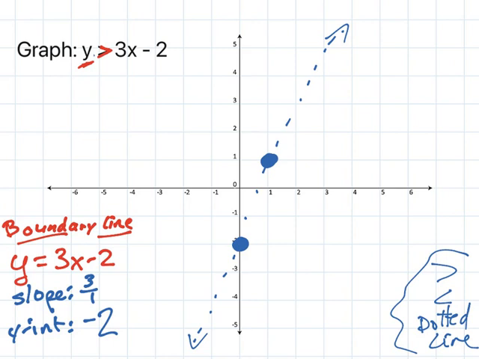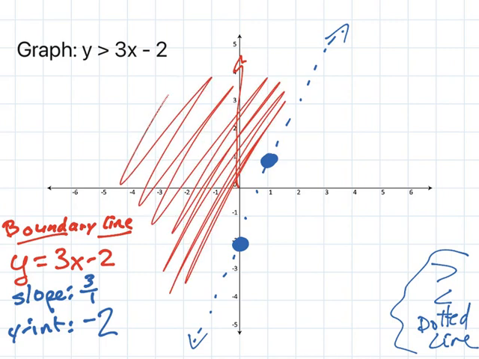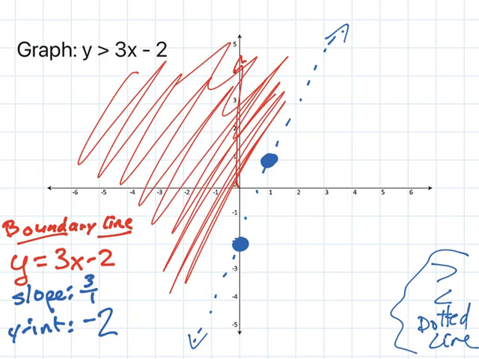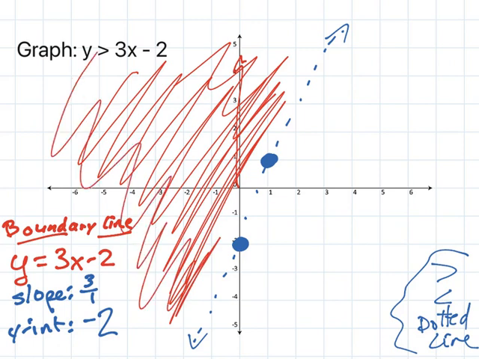Which way do you move for the y values to be greater? Up, right? As we go up on the y-axis, that's where my y values get greater. So if the inequality says y is greater, then we are going to shade up, above the line. So everything above my boundary line is shaded. And this is the graph of the inequality.